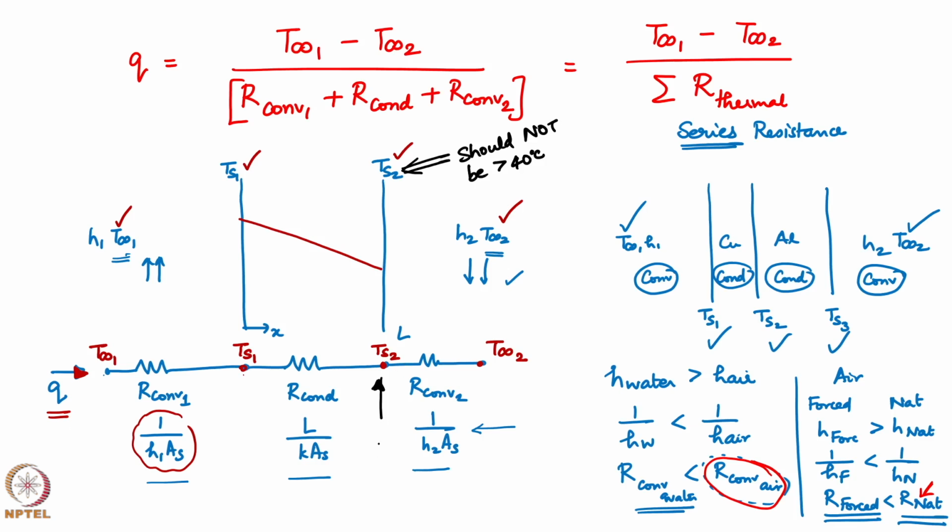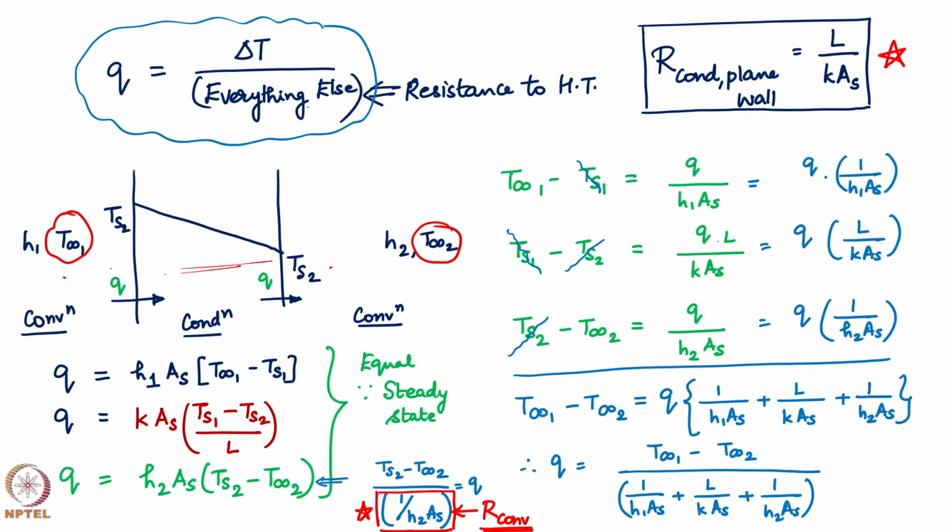So, instead of doing the thermal resistance across T infinity 1 and T infinity 2, I will say Q is nothing but T infinity 1 minus T S 2, the same Q. Instead of adding all the 3, I just add equation 1 and equation 2.